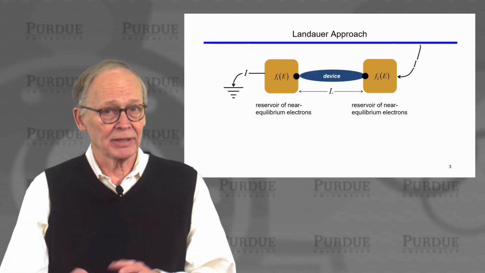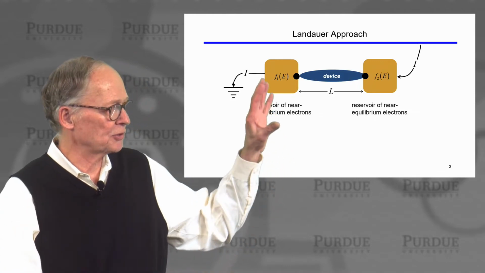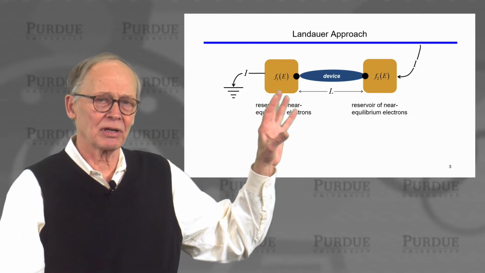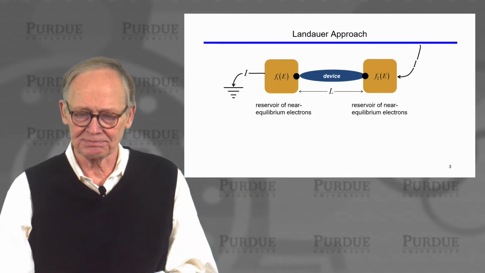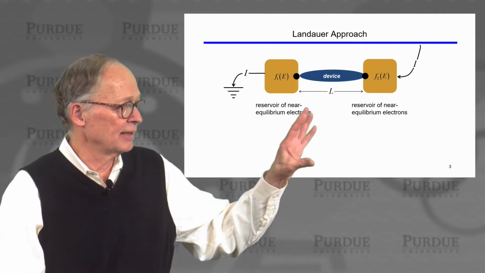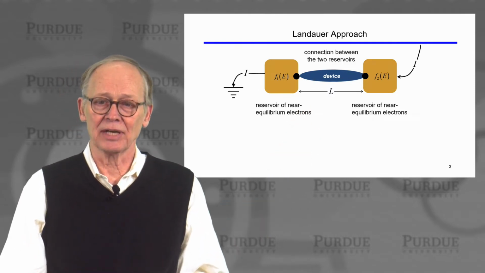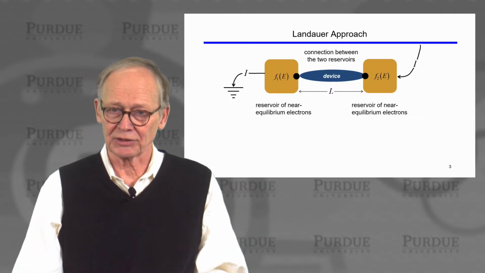Okay, so first topic was this so-called Landauer approach to electron transport. The picture was that our contacts are large, near thermal equilibrium reservoirs of electrons characterized by Fermi levels that may be different. The device connects these two contacts, and it provides a connection between these two reservoirs of electrons.